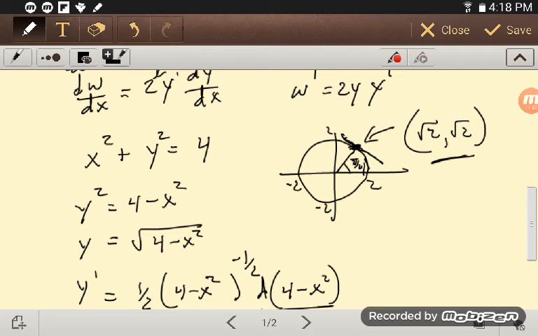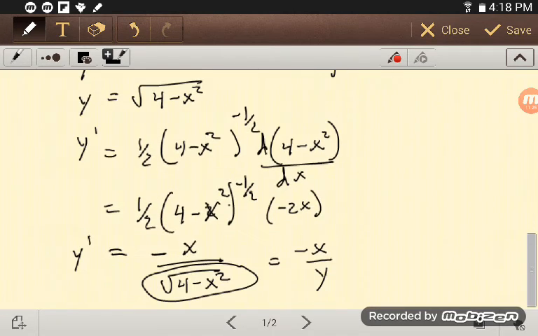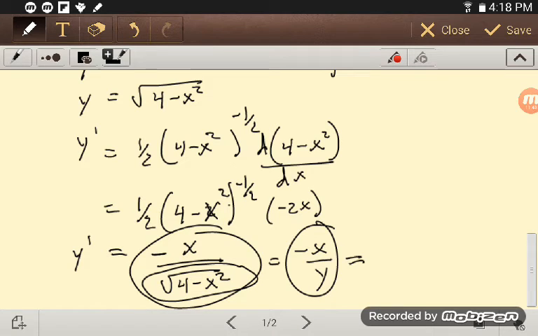So that's the point. And so I can put it into either this function here, the y prime that I have there, and just put the x in, or I can put it in here, in which case I have negative square root of 2 over the square root of 2, I get negative 1. Well, I shouldn't have put an equals there. Sorry about that.